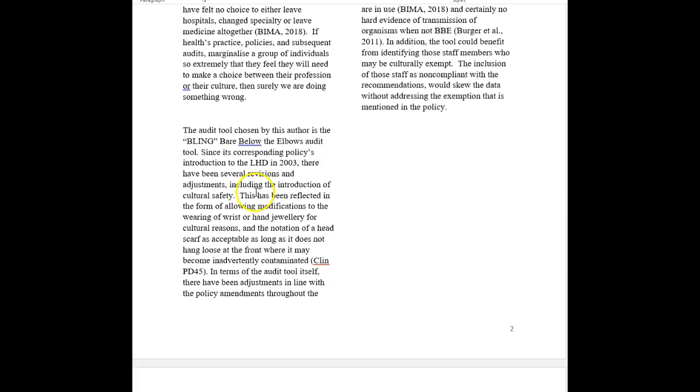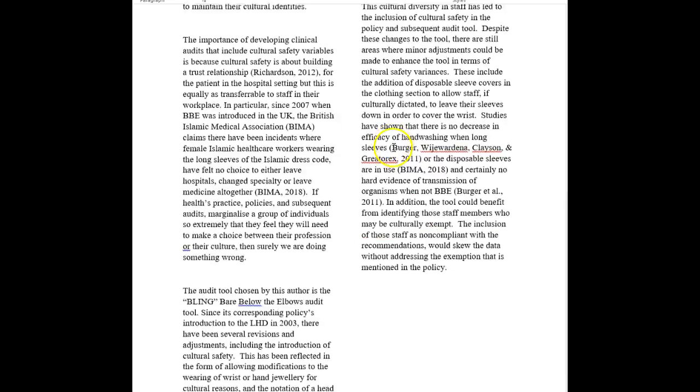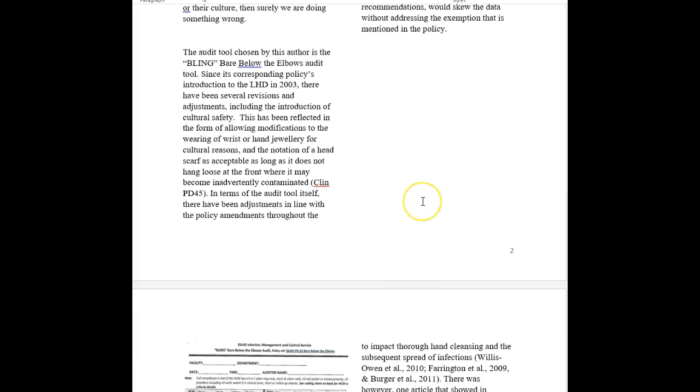So the student then goes on to talk about a learning modification, wearing wrist or hand jewellery for cultural reasons, and the notation that a headscarf is acceptable as long as it doesn't hang loose. Okay, so that's important to think about. So, adjustments on policy. Here, remember I talked about the task of discussing policies and having a look at that.